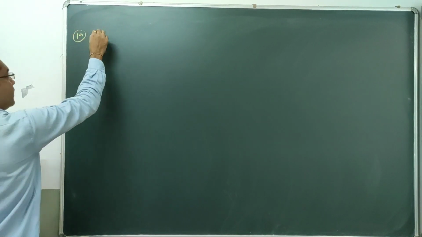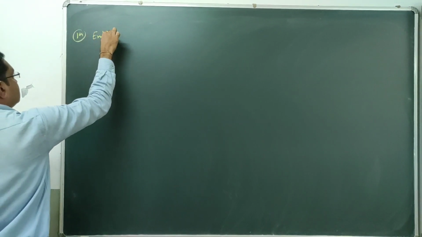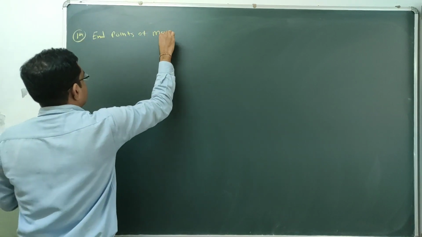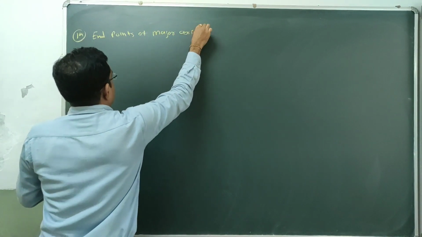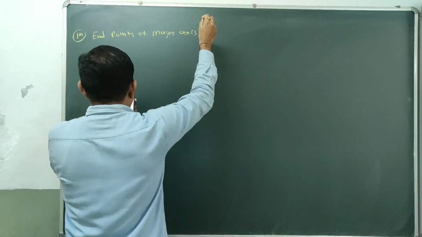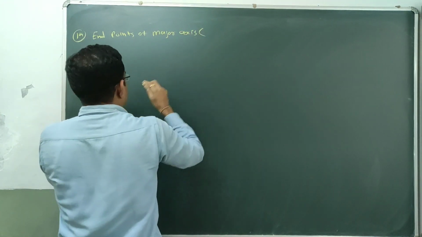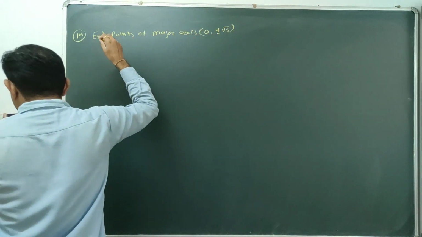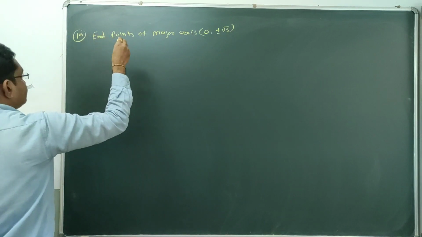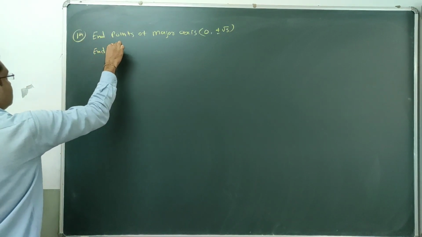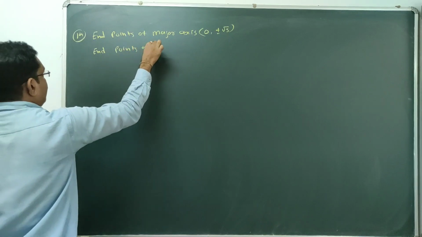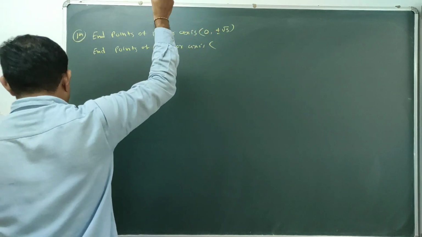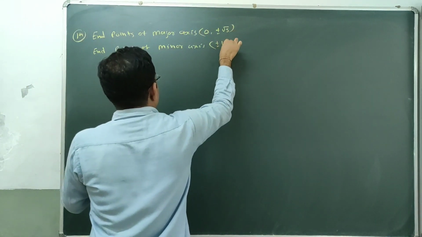The endpoints of the major axis are nothing but the coordinates of the vertices, and they are 0, plus or minus root 5, and the endpoints of the minor axis are plus or minus 1, 0.